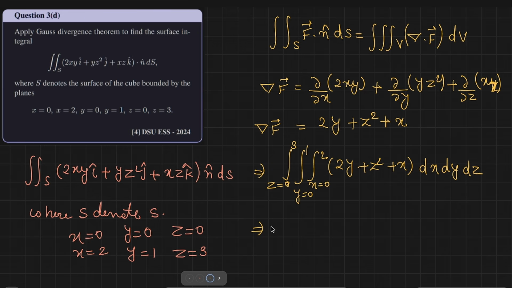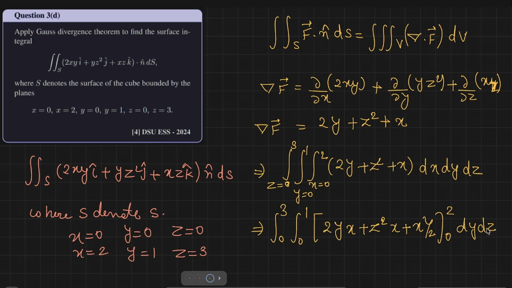So integrate first with respect to x: 2yx plus z square into x plus x square by 2, limit from 0 to 2, then dy dz. When you solve the whole triple integral, you will get the solution as 30. This is how you solve the triple integral, solving the single integrals one by one from the reverse.